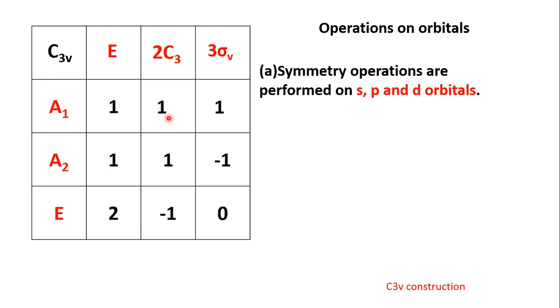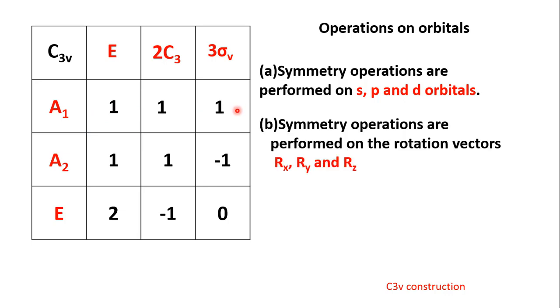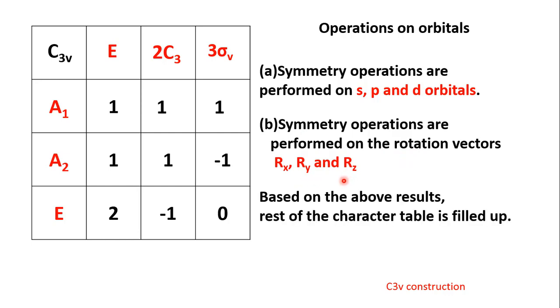And depending upon the symmetry change we get, whether it is 1 1 1 or 1 1 minus 1 or 2 minus 1 0, we assign the various orbitals to various irreducible representations. We also perform the symmetry operations on the rotation vectors Rx, Ry and Rz, and from the results we fill up the remaining part of the character table.